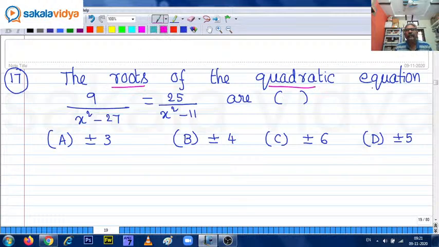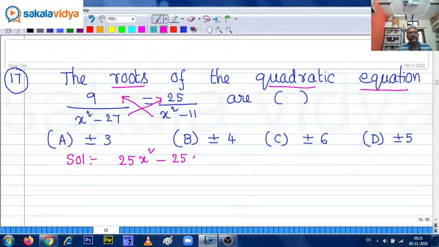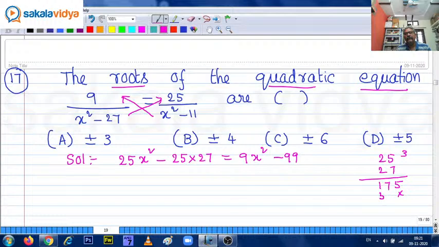The roots of the quadratic equation, this one, just cross multiply and find the x value. Solution: 25 times x square, 25x square, minus 25 times 27 equals 9 into x square, 9x square, minus 99. 25 into 27 will be 675.